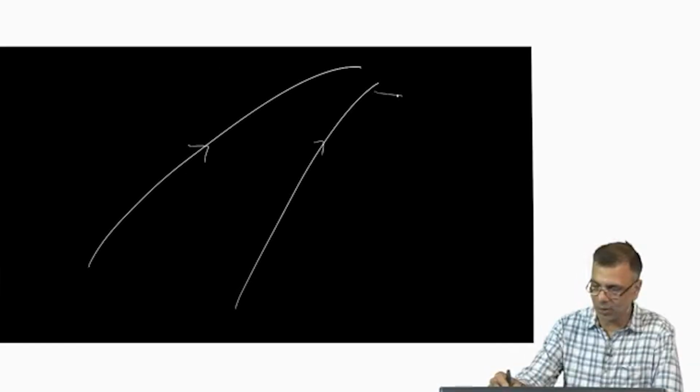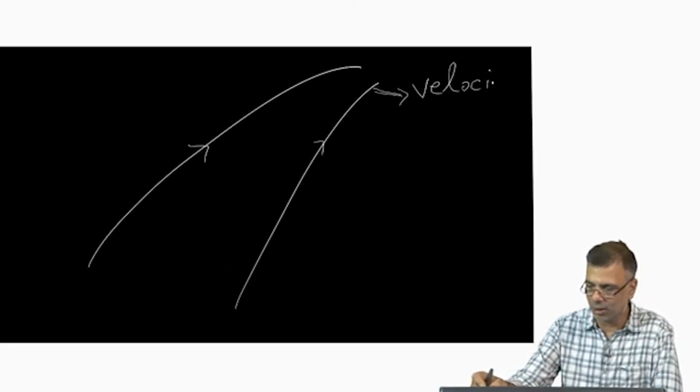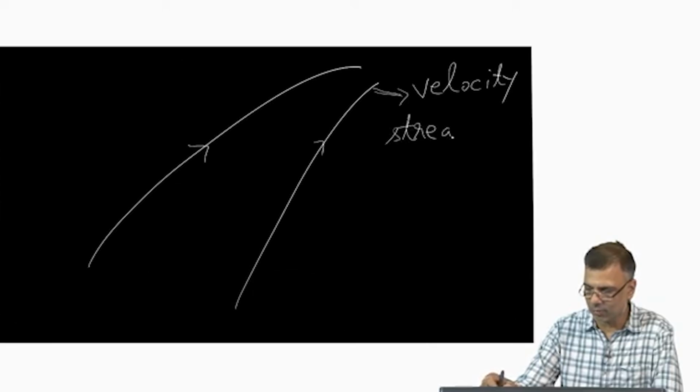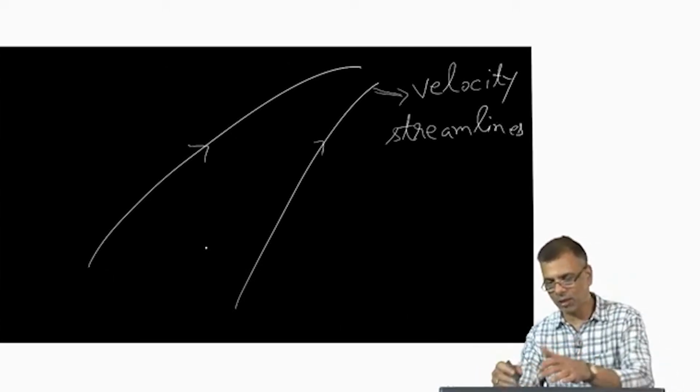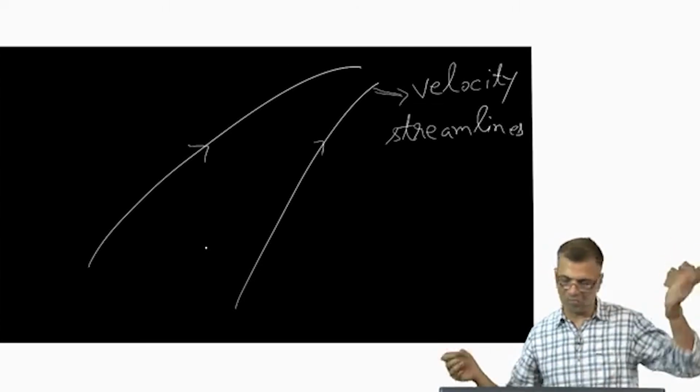So these would be the velocity streamlines, which for some reason have a larger cross section here and a smaller cross section there. I don't know why.